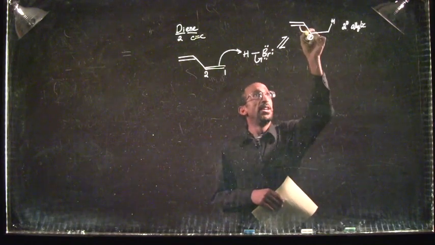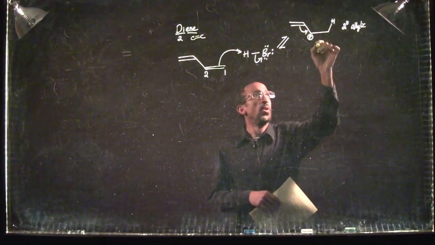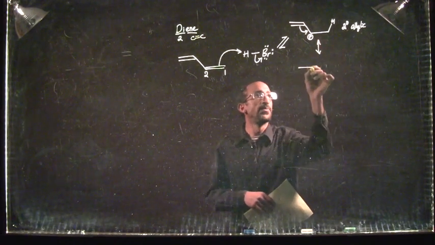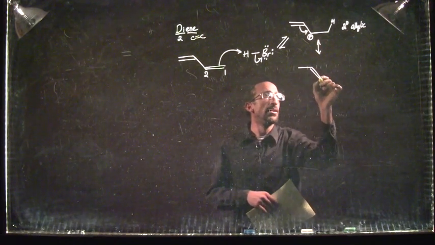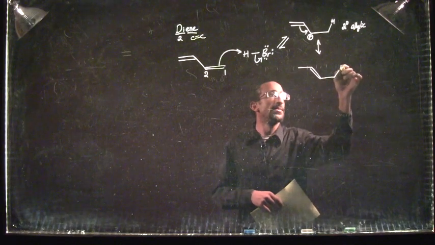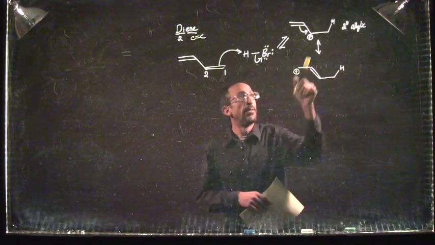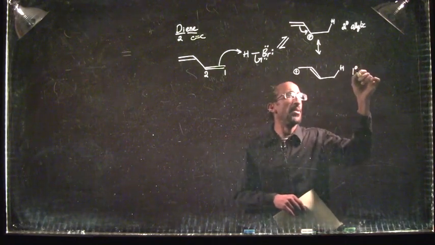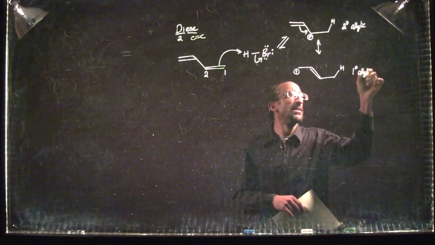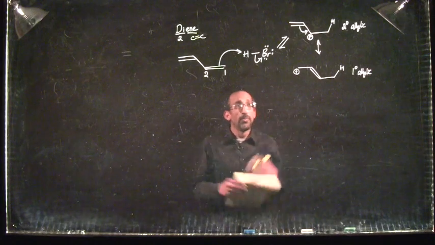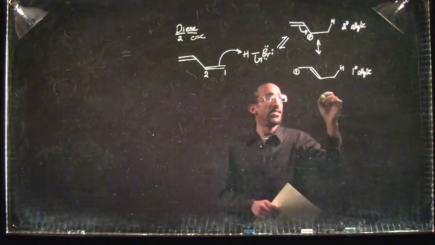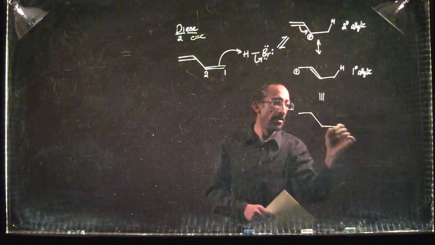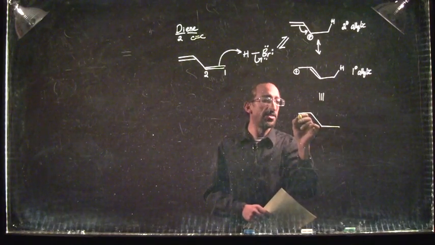Now, in terms of resonance, we can delocalize that positive charge from a secondary allylic carbocation to a primary allylic carbocation. Now, from this, we can generate a resonance hybrid that looks like this.